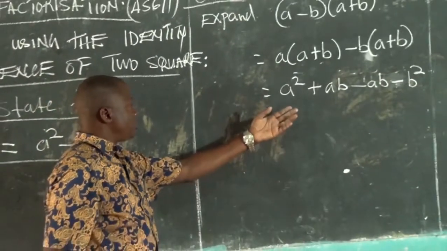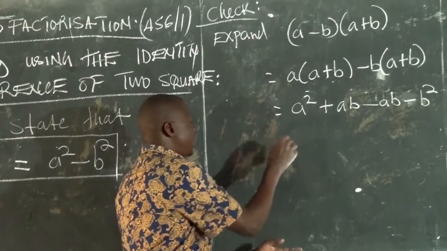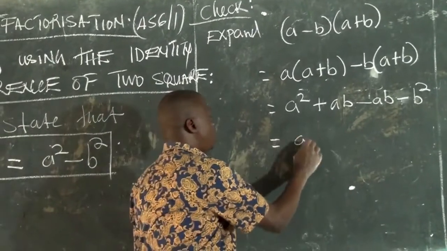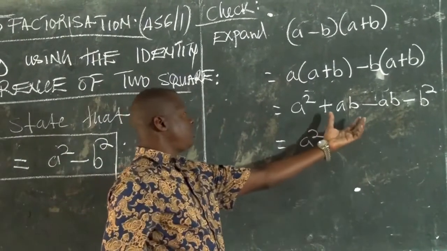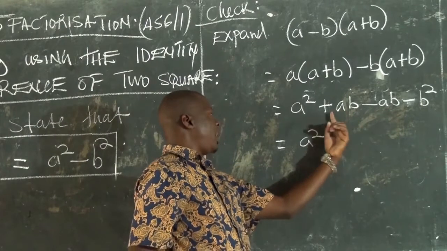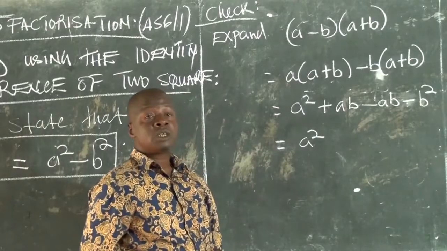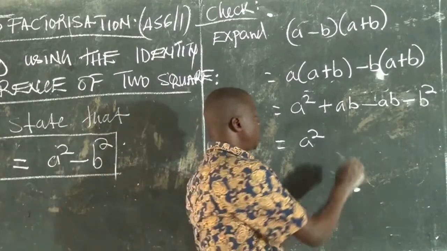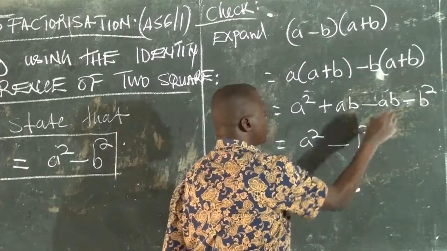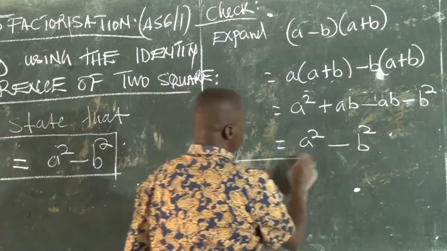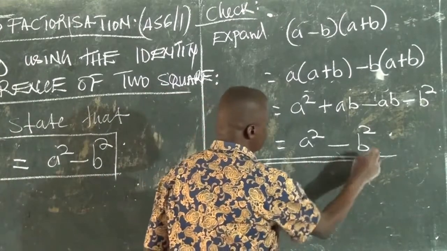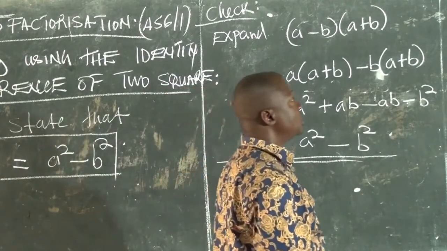So here, we can simplify further. We have a squared. These are similar elements. A plus with a minus gives a 0. Last, this one gives minus b squared. I want us to use this identity to expand.